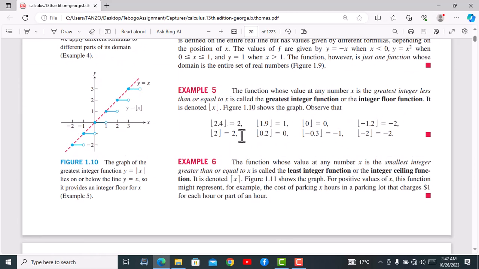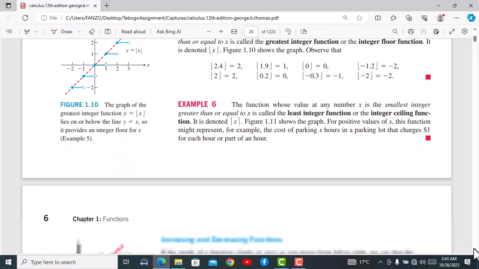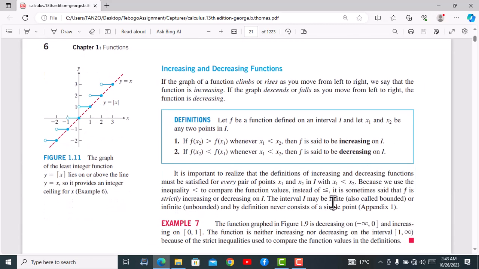And for every input value, you should get a value that is less than or equal to the input. Therefore, you have the greatest integer function. Right. So for the least integer function, for every value of the input that you input in here, you will always get a value that is greater than or equal to the input. Therefore, you have the least integer function.